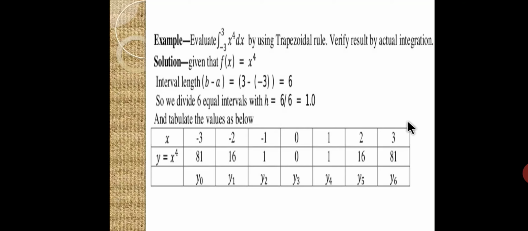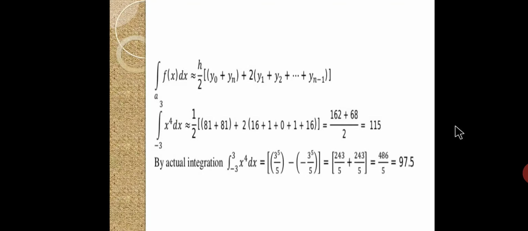Now we apply the trapezoidal rule. In the given problem, we are asked to find the area of the given function using the trapezoidal rule. What is the formula for the trapezoidal rule? Integral a to b of f of x dx is equal to h by 2 times the sum of the first and last ordinates plus 2 times the remaining ordinates.